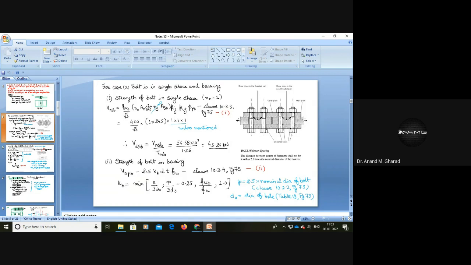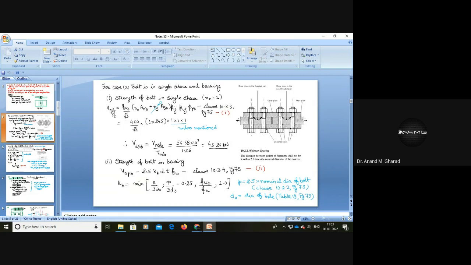So we will be considering 0.78 times the area of the bolt in order to calculate ANB. Is this okay? So by that I think you will get this 245 value.